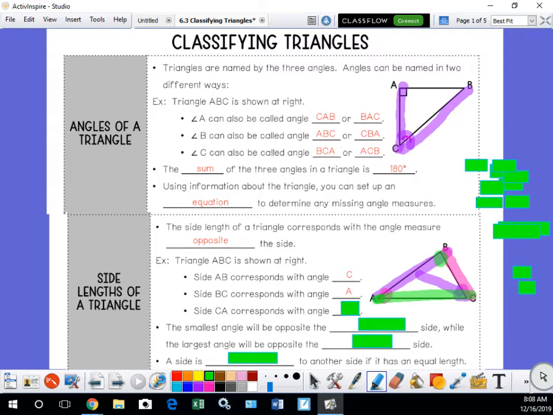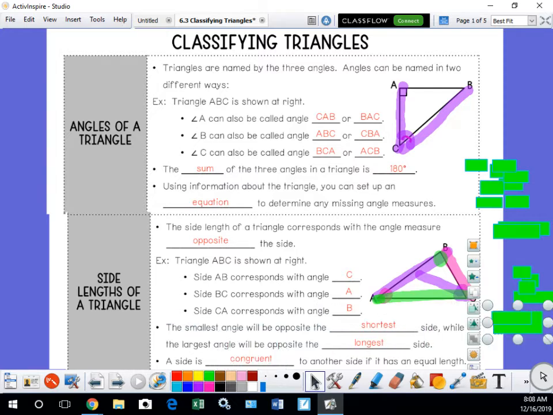So across from it would be angle B. What it means by corresponding is that the smallest angle is going to be opposite of the side with the shortest side length. And the largest angle is going to be opposite from the side that's the longest. And a side is congruent, meaning the same size, to another side if it has equal length.